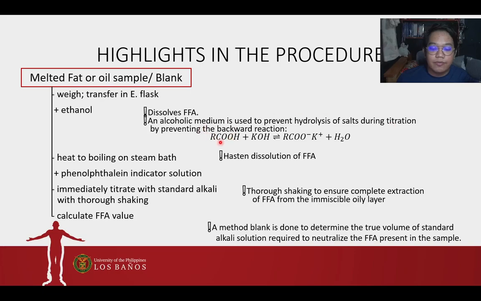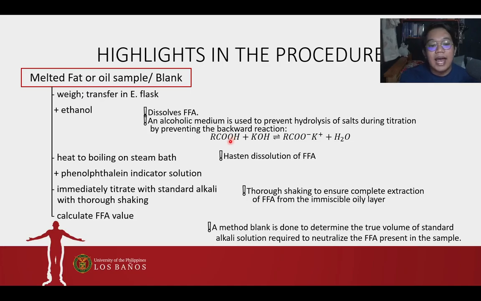So, your fatty acid, when reacted with your KOH, produces your potassium salt and water. So, ang iniiwasan natin dito is the backward reaction. Yung backward reaction na yung potassium salt will react with water na magpo-produce ulit ng fatty acid.